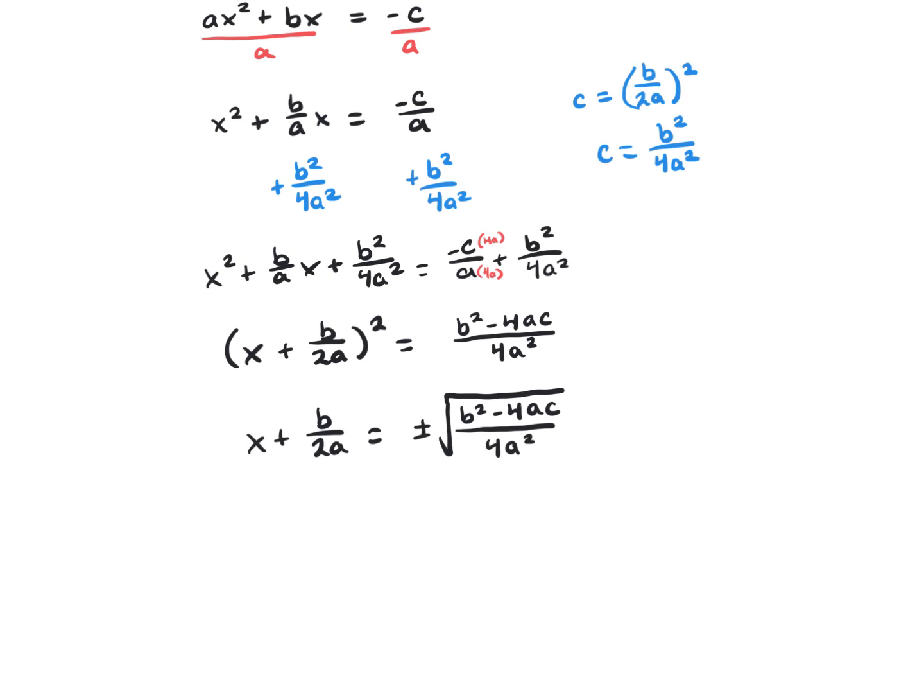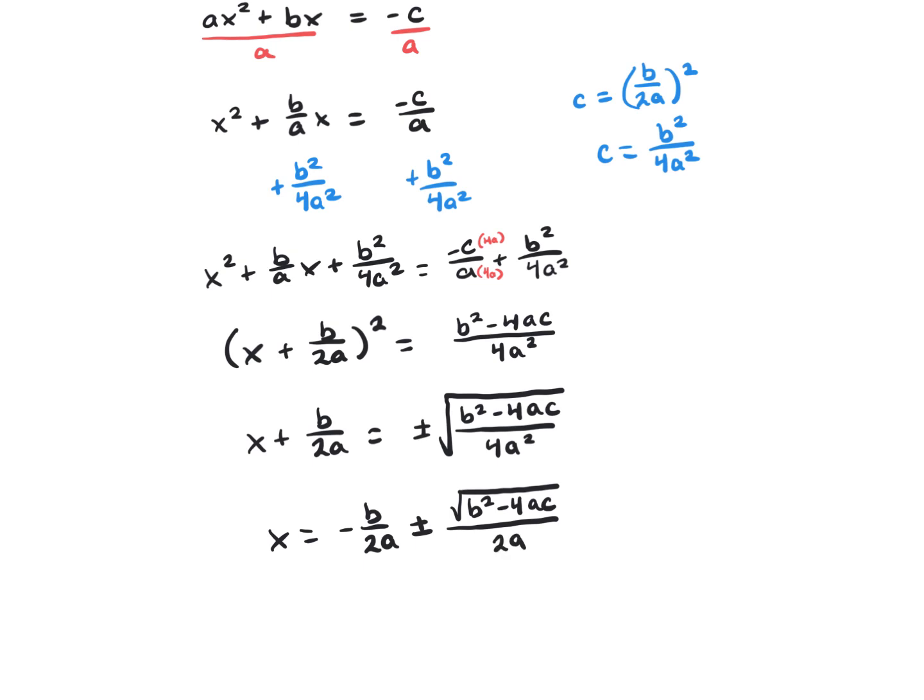I am going to finish solving for x. So I'm going to subtract b over 2a from both sides. And then our numerator we can't really simplify, so square root of b squared minus 4ac, but our denominator is a perfect square. The square root of 4 is 2, the square root of a squared is a.